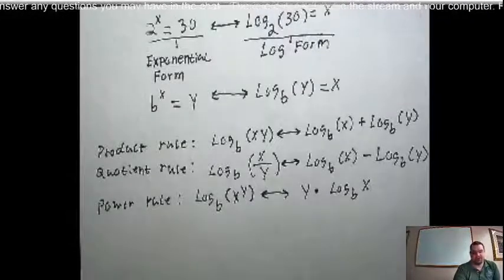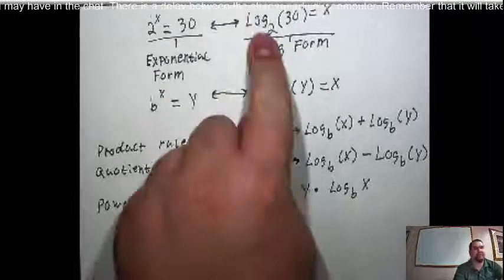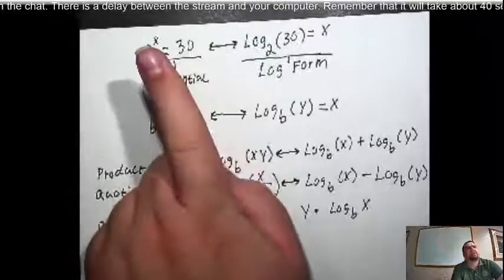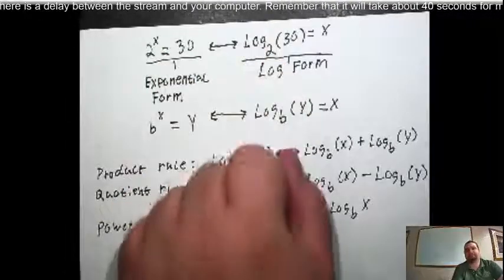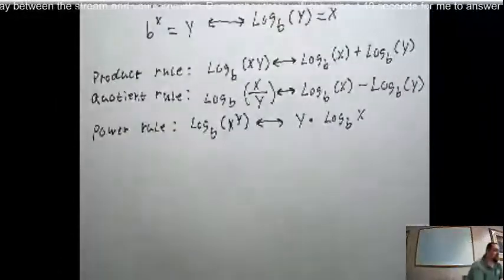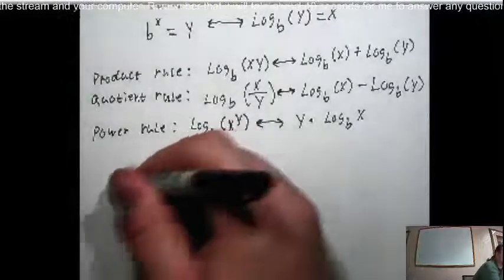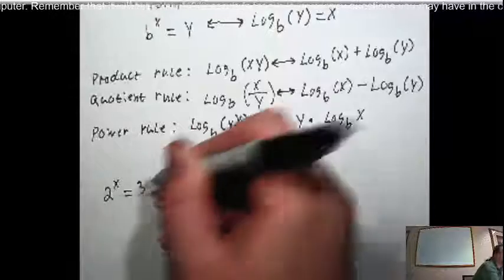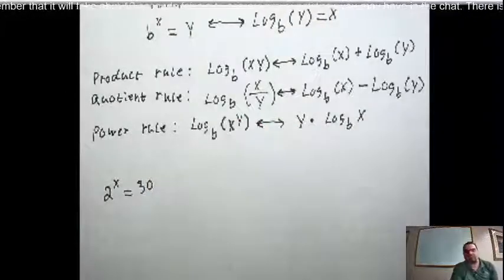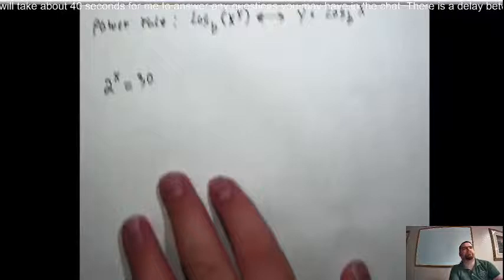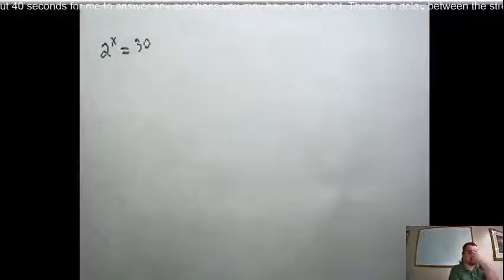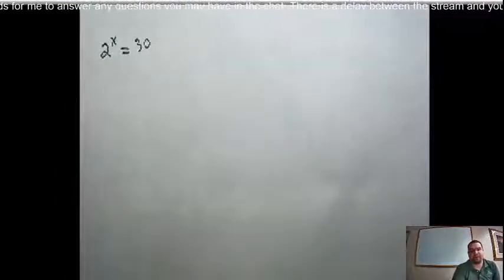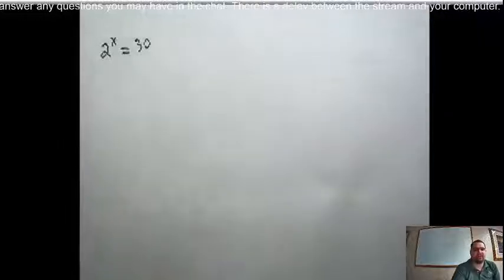Now, these are not all the rules, but they're the ones that we need so far to get from here to here. Again, why is it that we can just go from this to this? Let's see. Again, 2 to the x equals 30. Something that we can do just on the fly, anytime we really want to, is we can take the log of both sides.